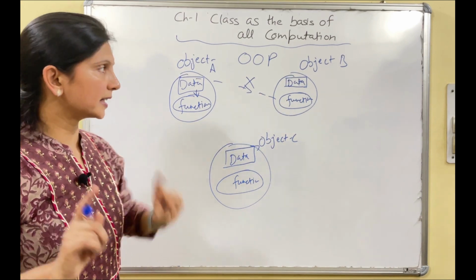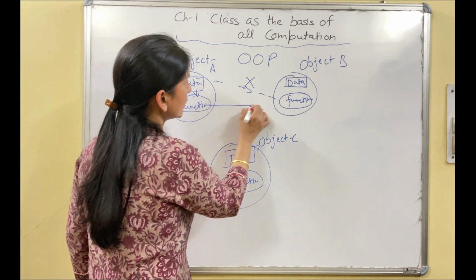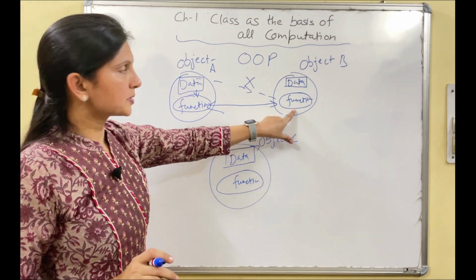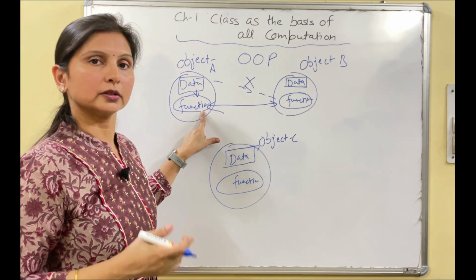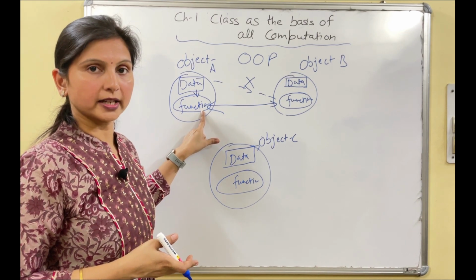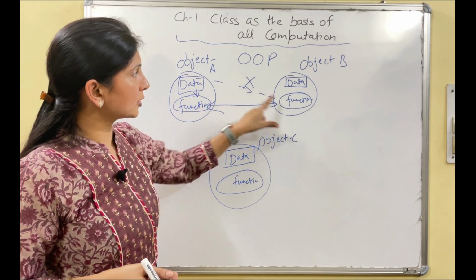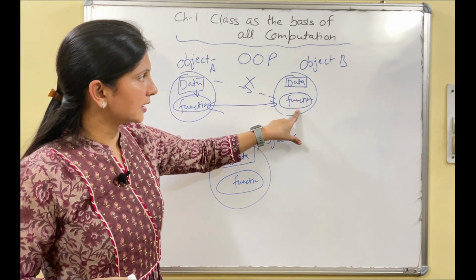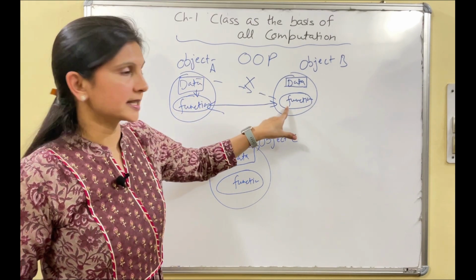Objects will communicate with each other through functions. The function of another object can access the function of the first object. So objects can communicate through functions, but the function of another object cannot access this data.